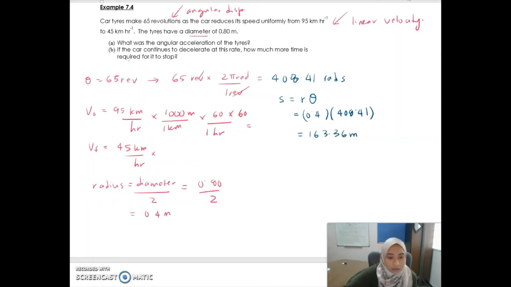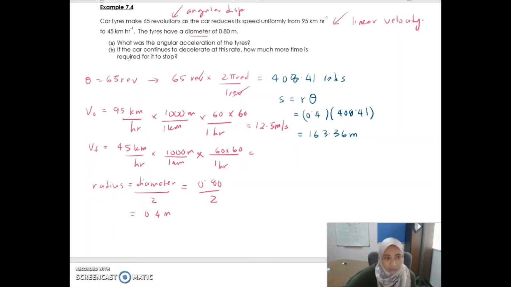Same thing here: 1 kilometer is equal to 1000 meters times 1 hour, 60 times 60. Okay, so the answer for these is 12.5 meters per second.